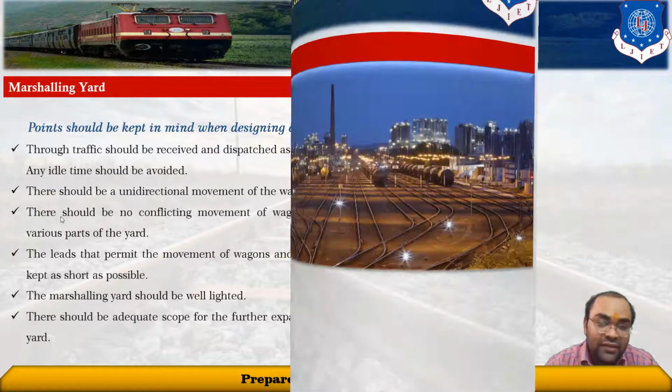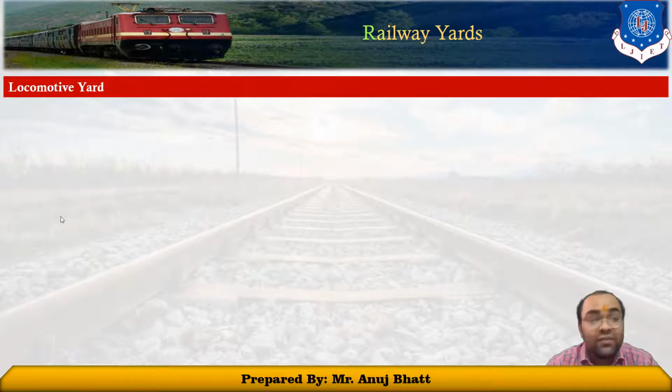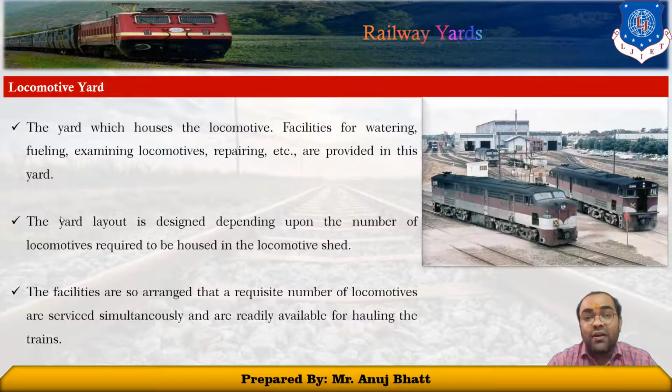Another one is the locomotive yard. This is the yard which is called the house of locomotives. Facilities of watering, fueling, examining, and also repairing of the locomotives can be done in this type of yard.